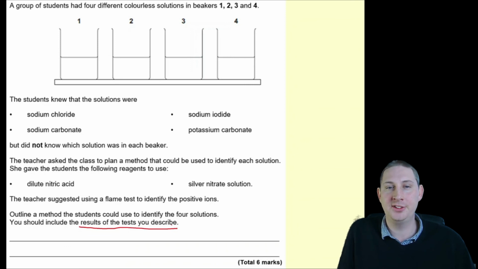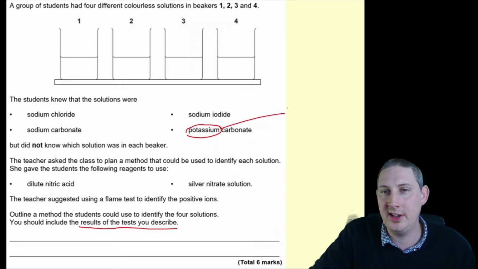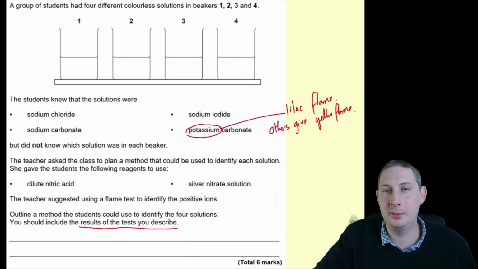Okay, so let's start simply. The potassium carbonate could be identified in the flame test by a lilac flame. All the others would give a yellow flame. So we have identified the potassium carbonate. We have nitric acid.